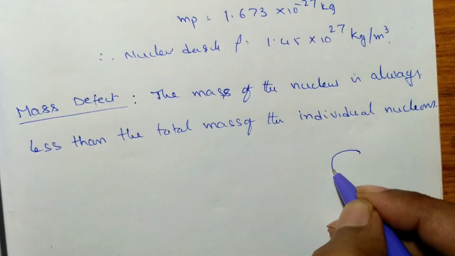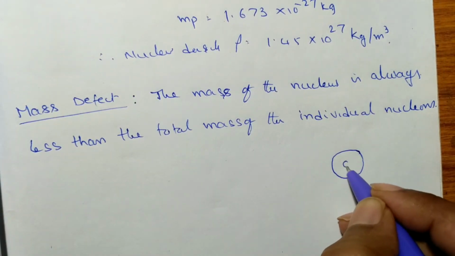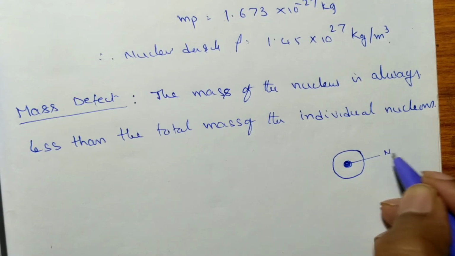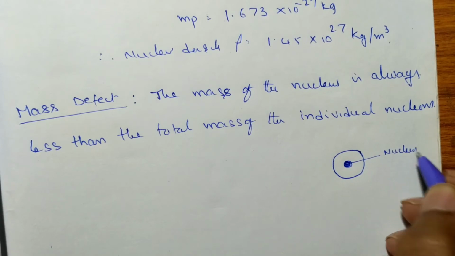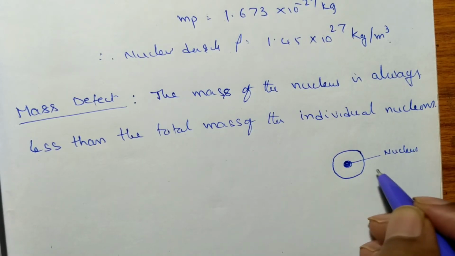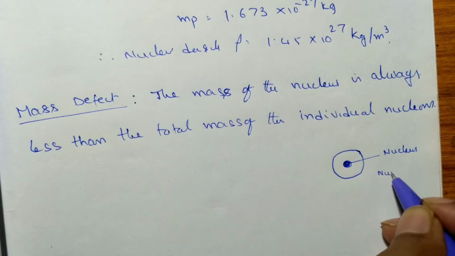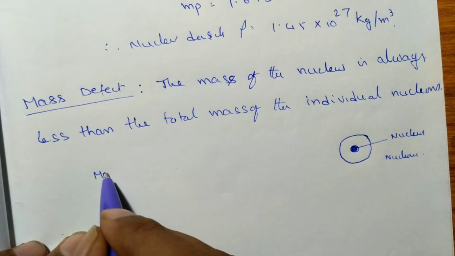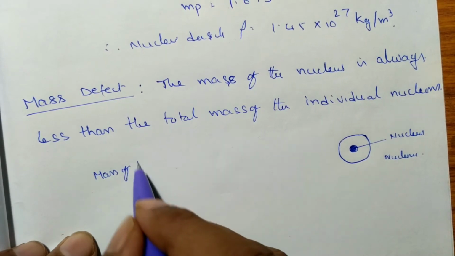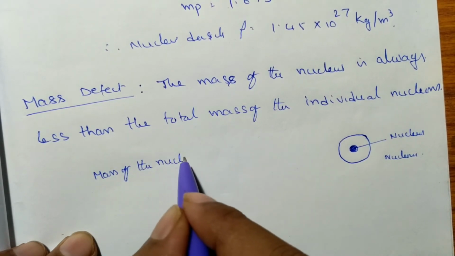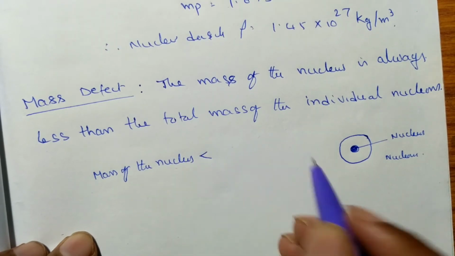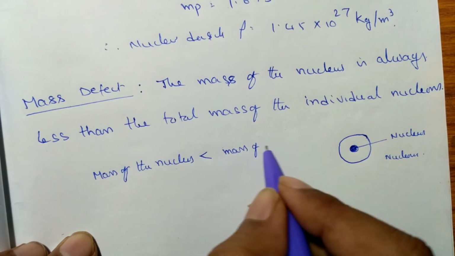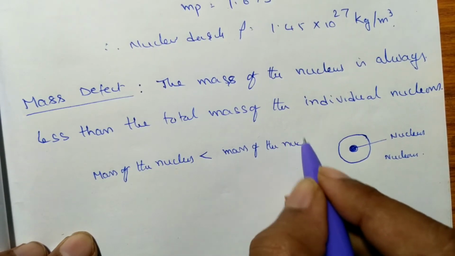Suppose this is an atom, this is a nucleus. This nucleus contains nucleons. That means the mass of the nucleus is less than the individual mass of the nucleons.